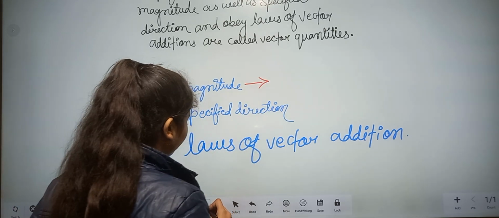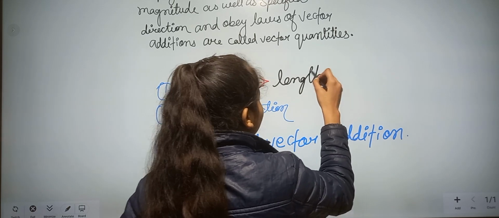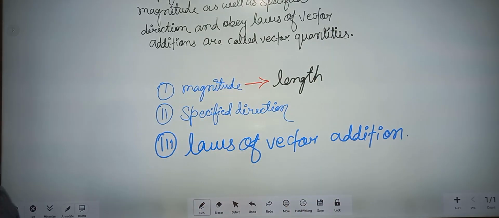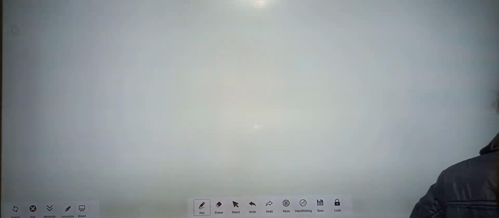Here the magnitude means length. Next is specified direction and laws of vector addition. And now we will discuss the geometrical representation of a vector quantity.